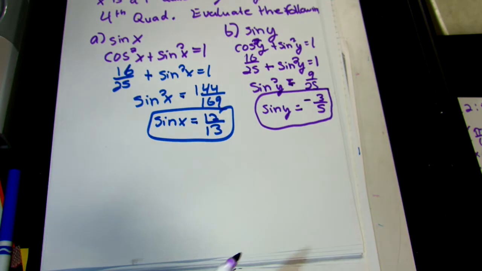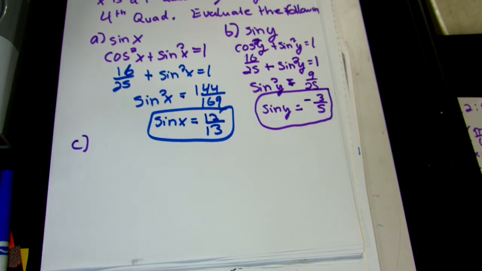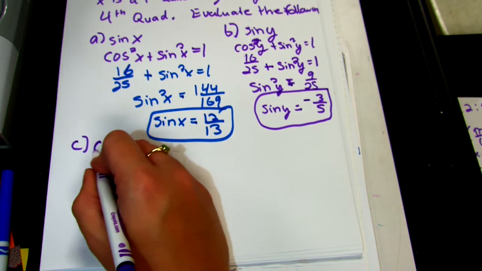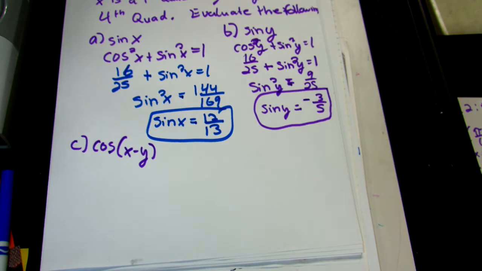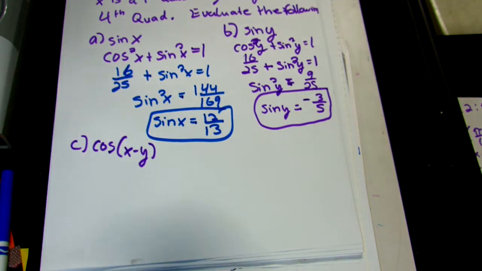All right, next type of problem that they're going to ask is, well, now you've got sine of x and sine of y, that's fine. Now do some difference and sum. We want to do cosine of x minus y. So you're going to have to know those formulas, right?